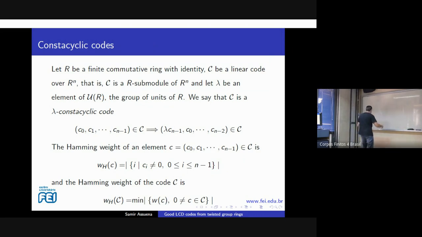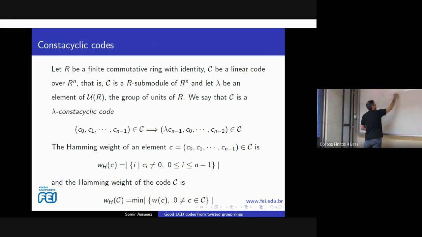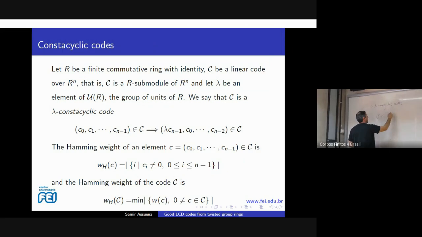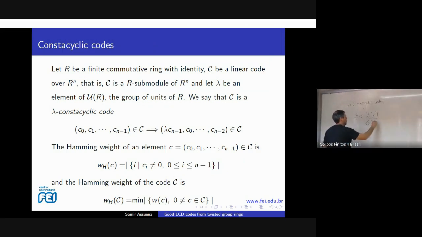Okay, as CÉSAR told us in a brilliant way, if we consider lambda equals 1, we have cyclic codes. And this kind of codes can be realized as ideals in the factor ring in this way.